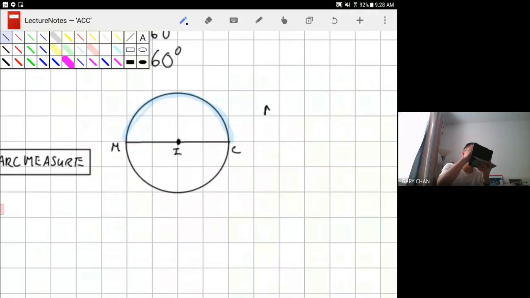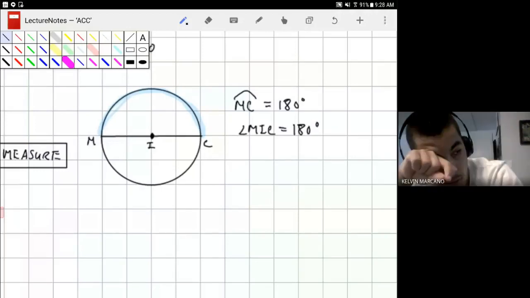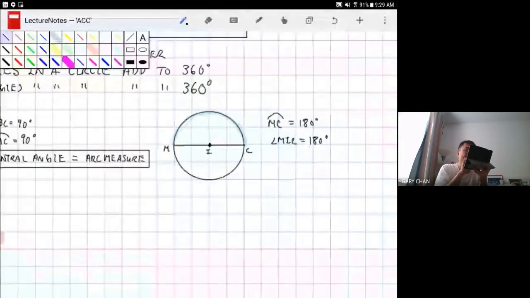So arc MC is equal to 180. But what about the angle MIC? Isn't that 180 also? Yeah. That's also 180. So going back to the question that Emmett had asked about what CD was from the diagram above.